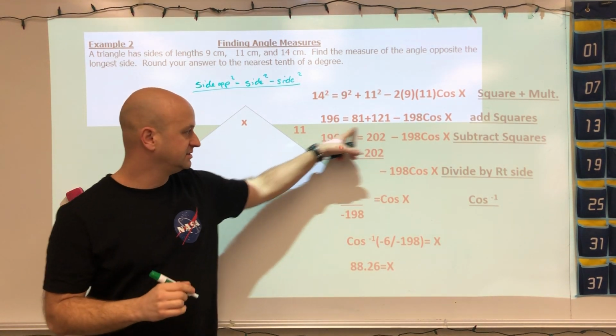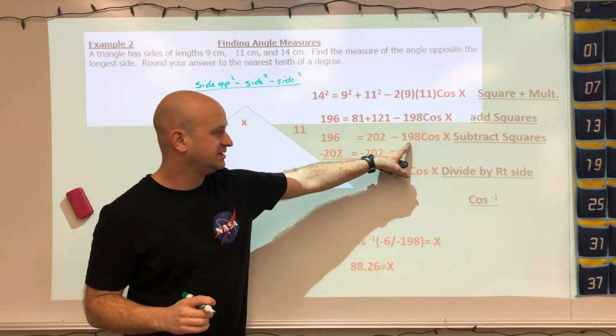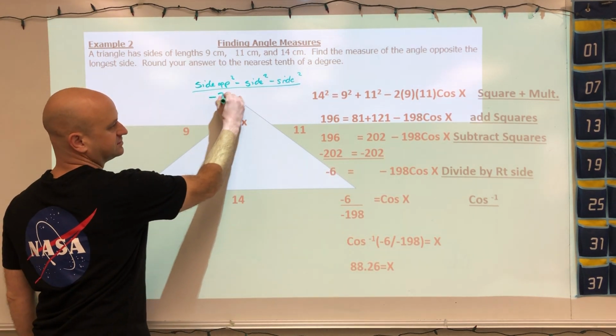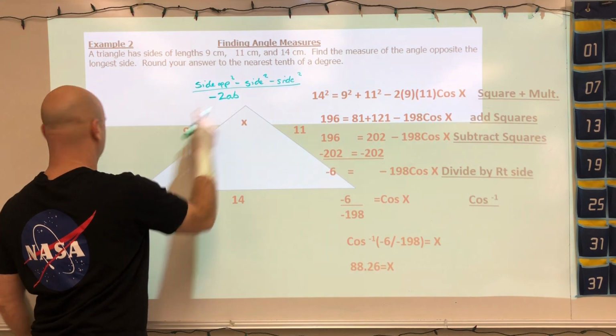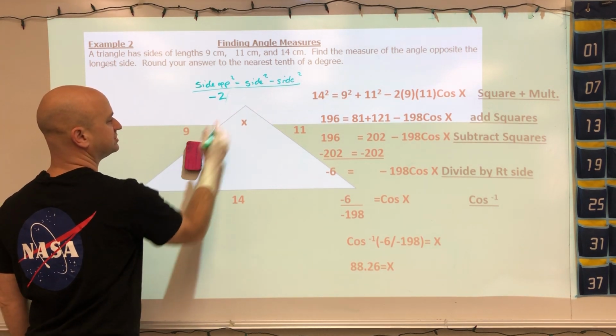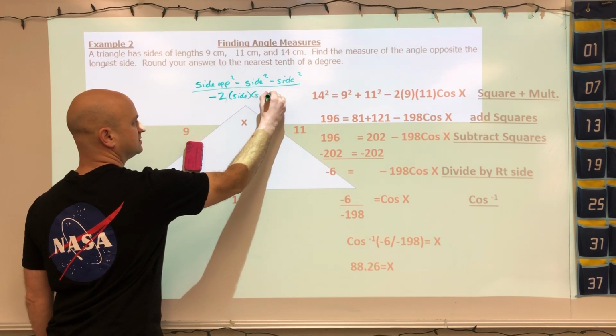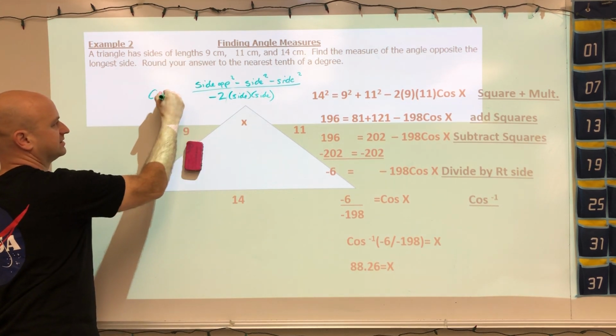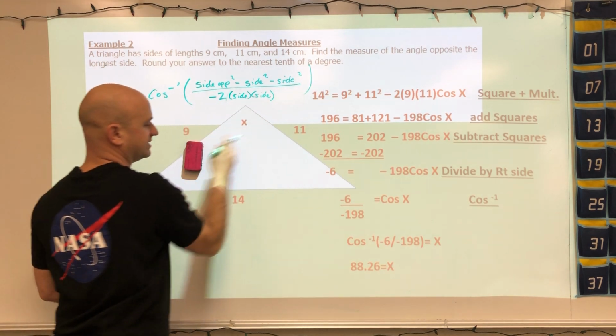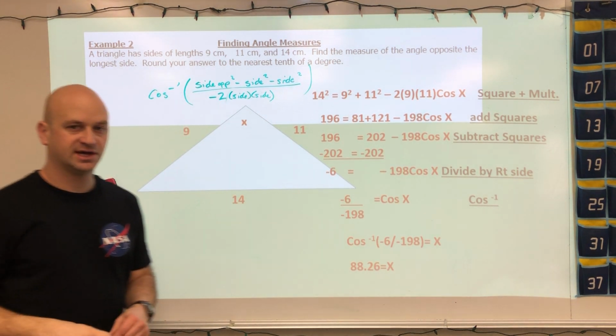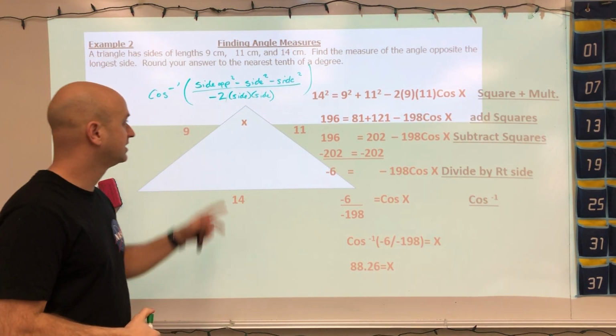So we subtracted these two, and then we're going to divide by this negative 2AB, and the AB is really just the product of the two sides. And then we will take the cosine inverse of that, okay? So that becomes the shortcut, and we'll talk about that in class.